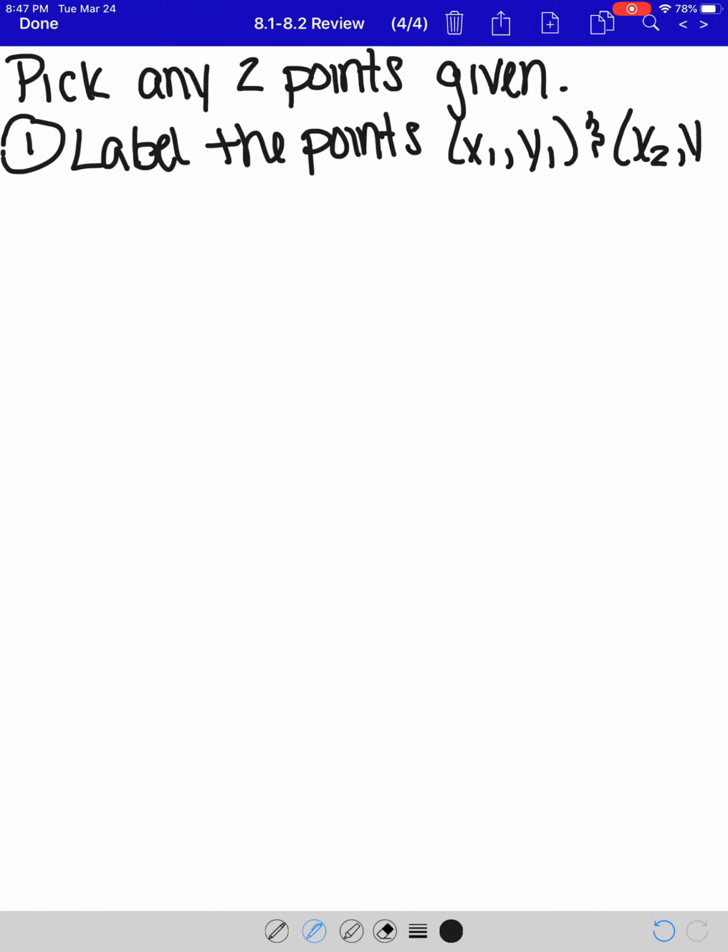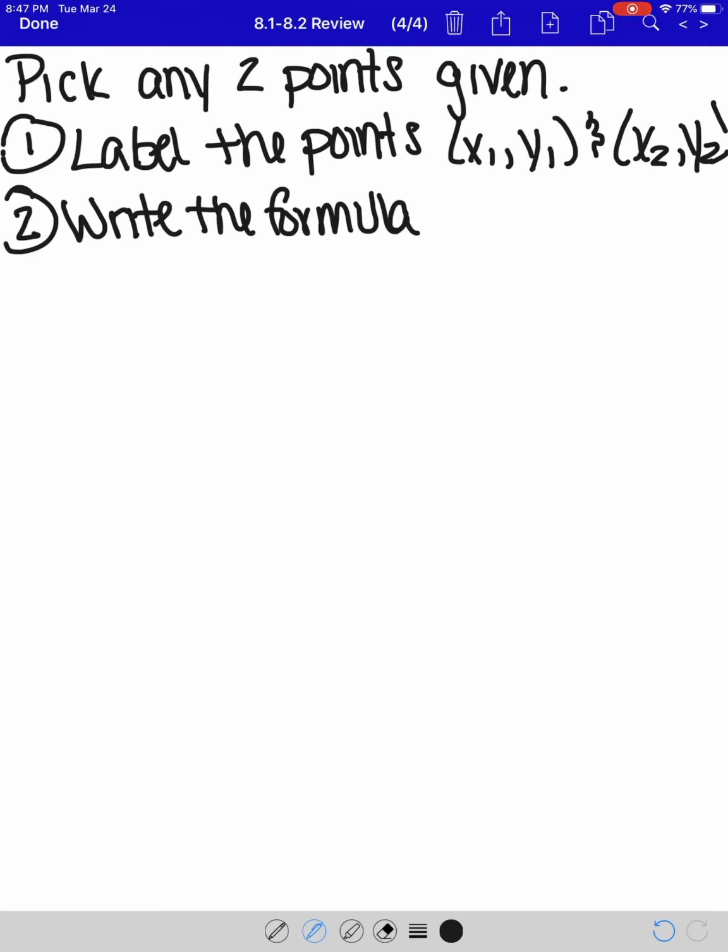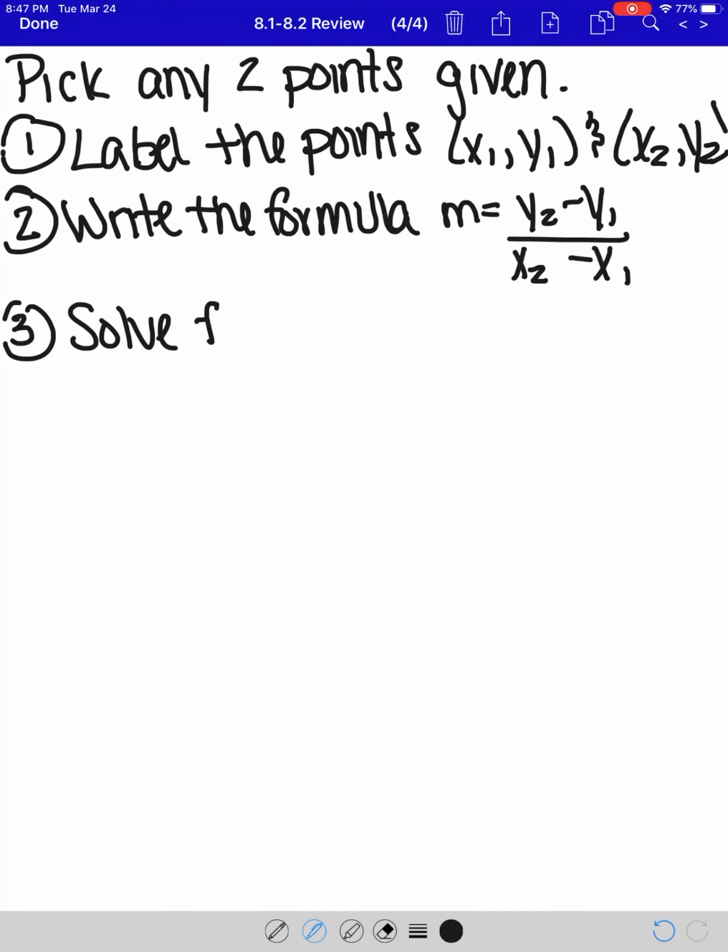X1, Y1, and X2, Y2. That is what you have to do first, no matter what. Second, write the slope formula. It can only help you to write it, okay? Then you just solve for M.